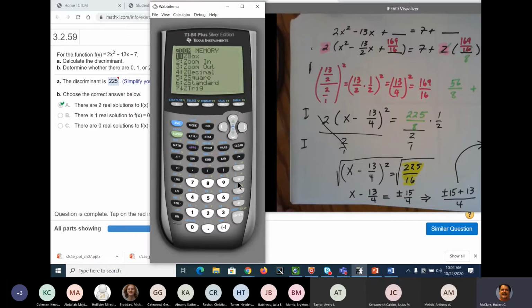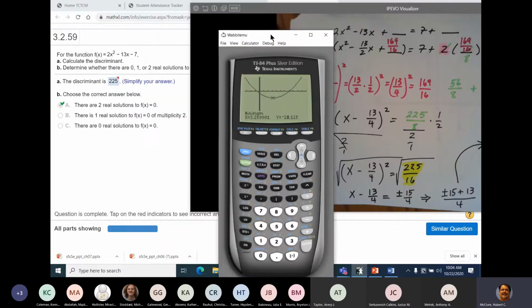Zoom window. And the vertex, second, min, left, right. 3.25 and negative 28.125. That's 3 for 3.